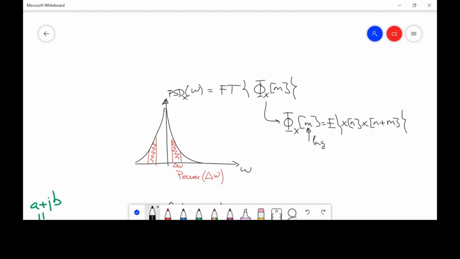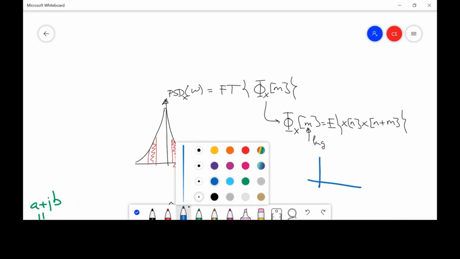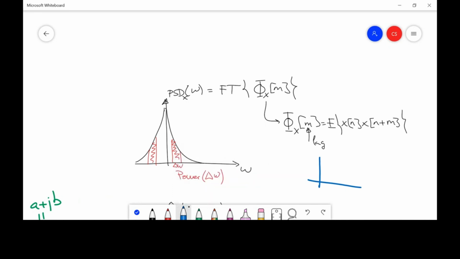Okay, so if you have a signal, let's say that you have this signal x of n, here n, and you have some samples that are kind of random. They don't need to be random, but this also applies to random signals.